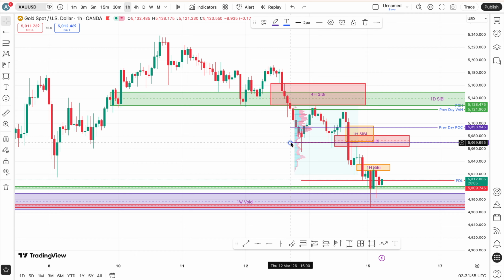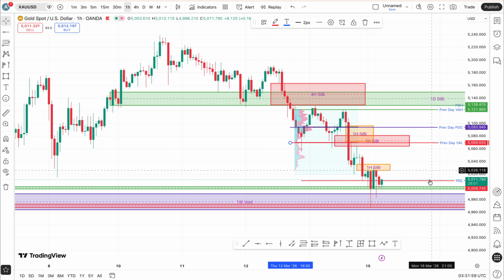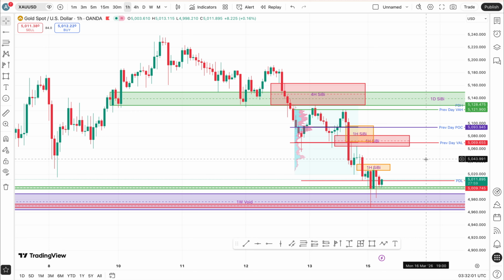And the previous day's value area low. So the value area high, value area low, and the point of control. The point of control represents the price where the most trading volume occurred during the previous trading day, marking the market's perceived fair value.